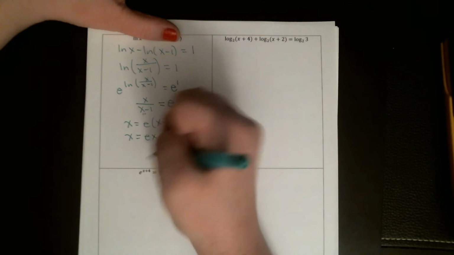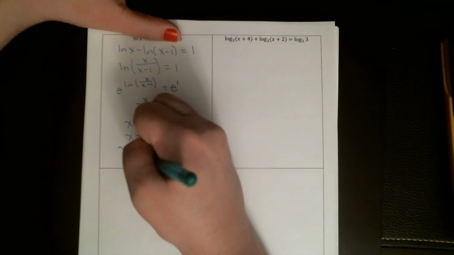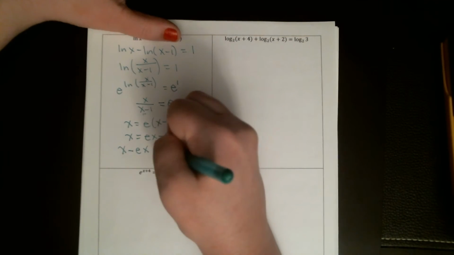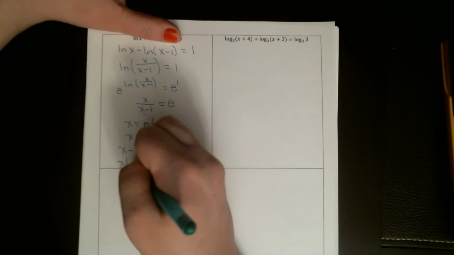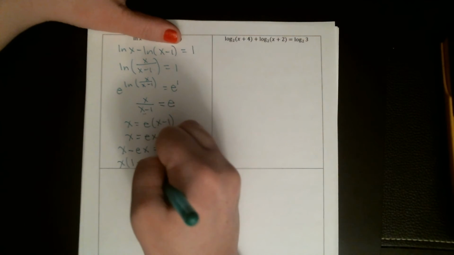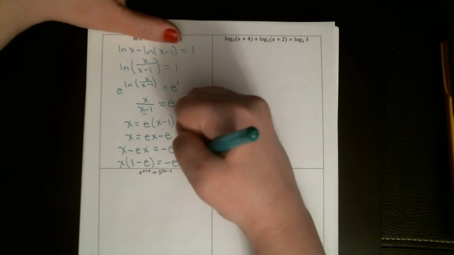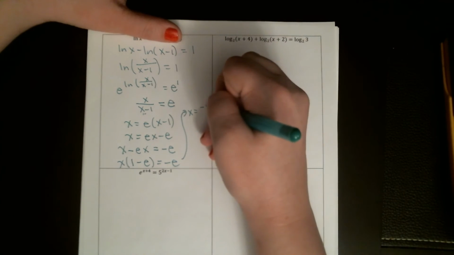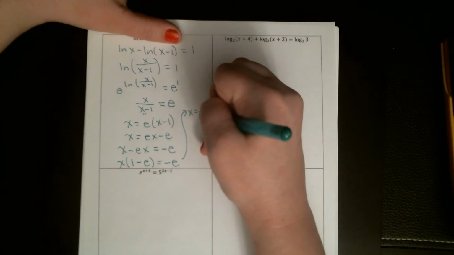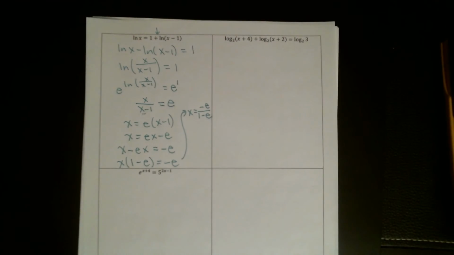I think I'm ready finally to get my x's on one side, so I'll subtract an ex. And then once again, I can't combine a 1x with an ex, so I'll factor. Which means I get a negative e over 1 minus e.